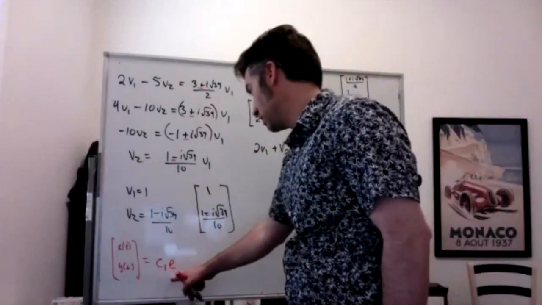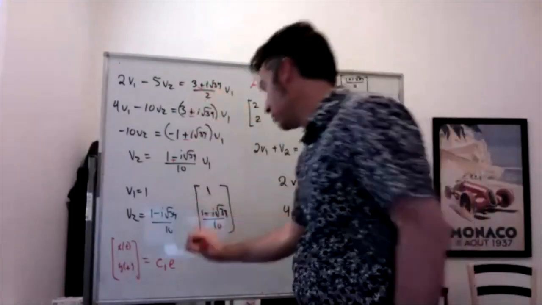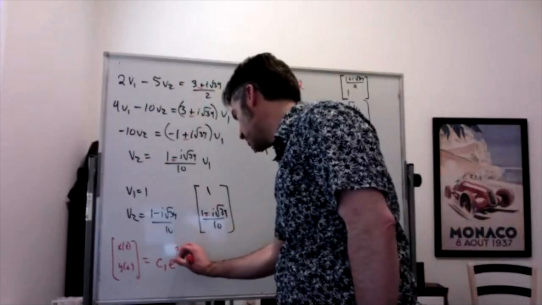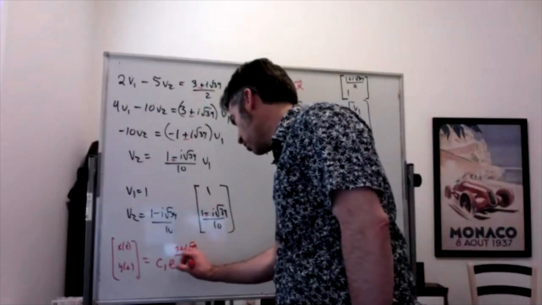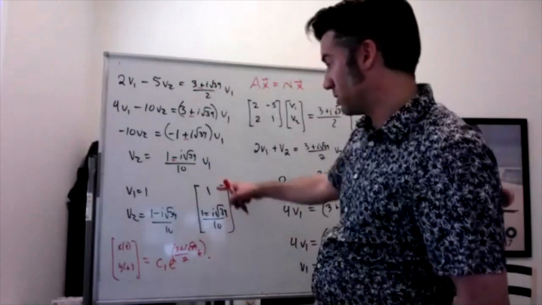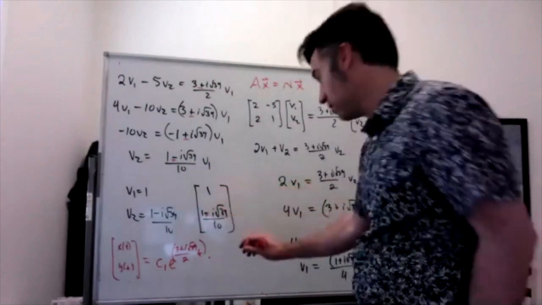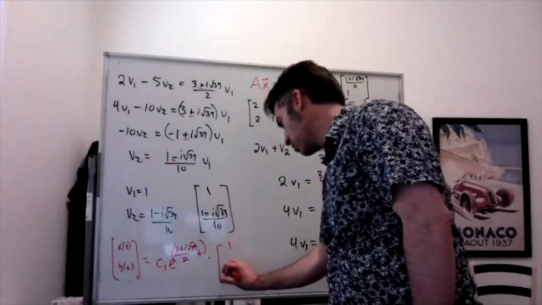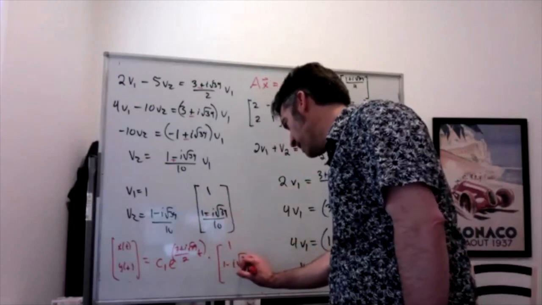So you have c1 e to the lambda one, which is the positive one. So it's e to the (3 plus i root 39) over 2 times t, times v1, which was the first one we did, which had the negative sign there. These just get so messy.